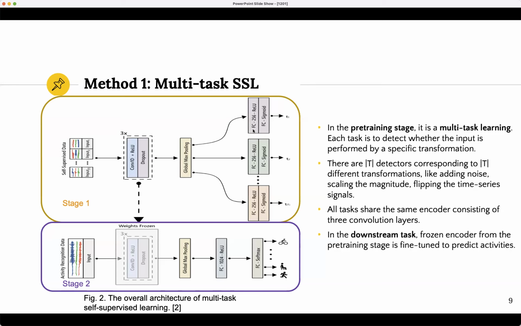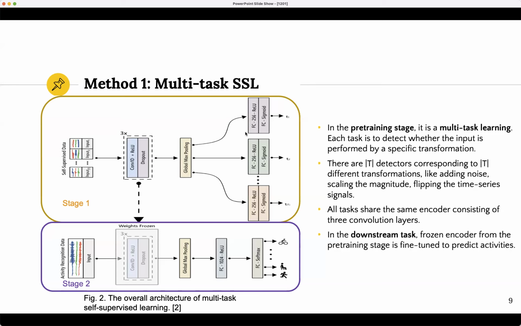And all those tasks share the same encoder, which, in this work, consists of 3 convolution layers, but you can change it to other layers to do the encoder's job.